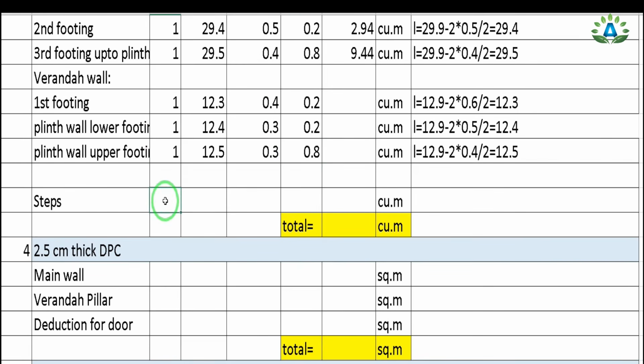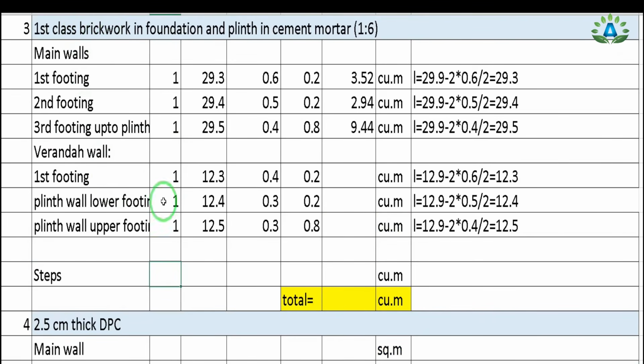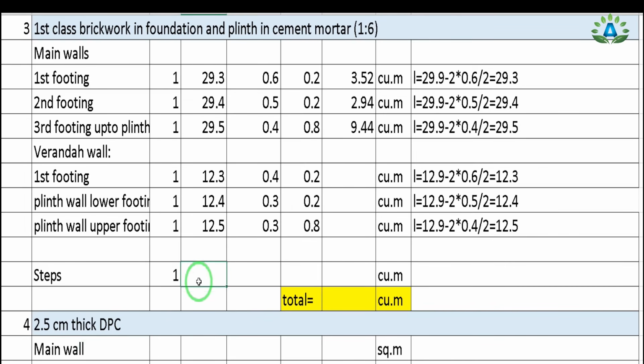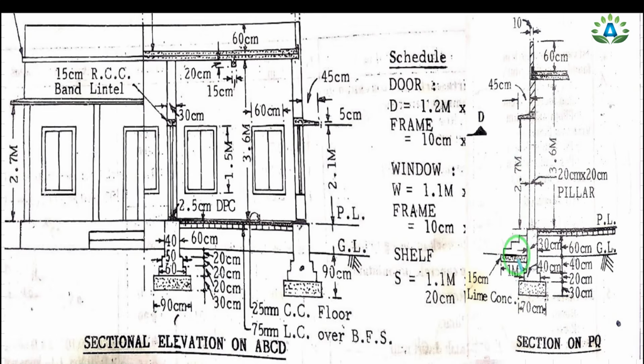And we have to do this brickwork in the steps. So we have one number of step, and the total length of the step is 2.4 meter from our top view. So length is 2.4 and the width is, this portion is 0.9 because this tread is of 0.3, that is 0.3 plus 0.3 plus 0.3 is 0.9, whereas the top width is 0.3.